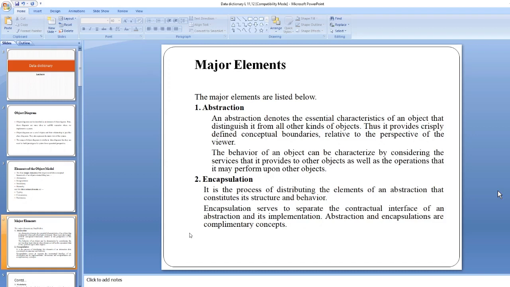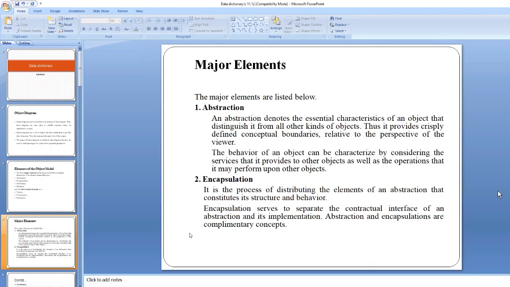Now, if we'll talk about encapsulation, it is the process of distributing the elements of an abstraction that constitutes its structure and behavior. In encapsulation, we usually bind things. Encapsulation can be called as a separate contractual interface.